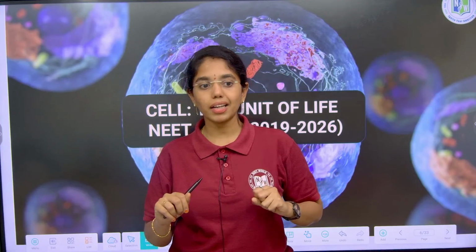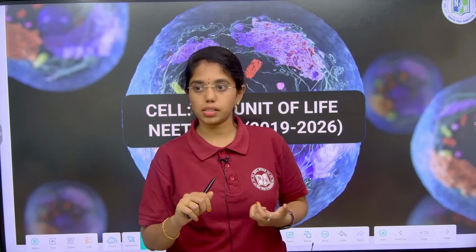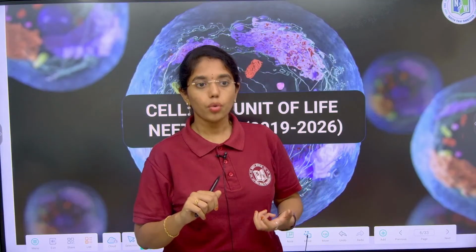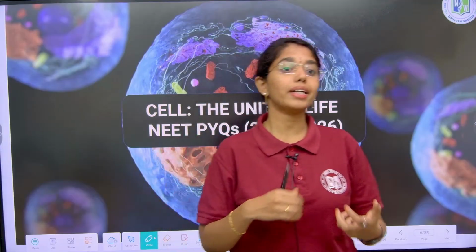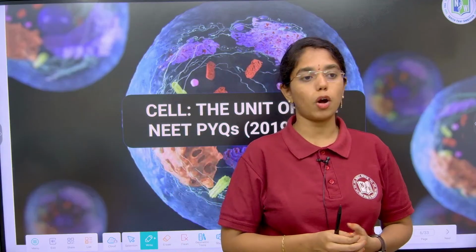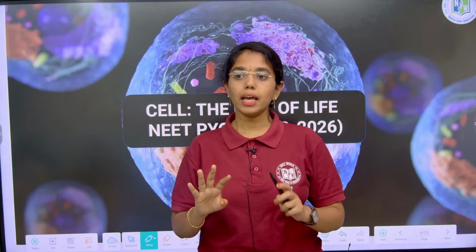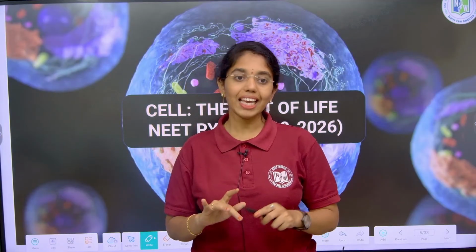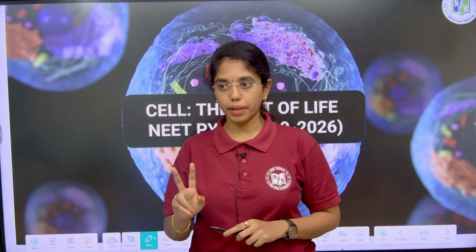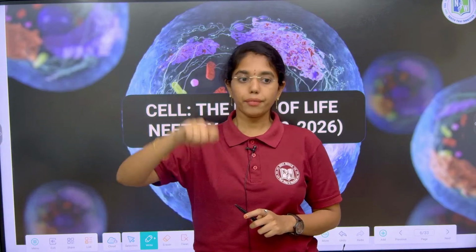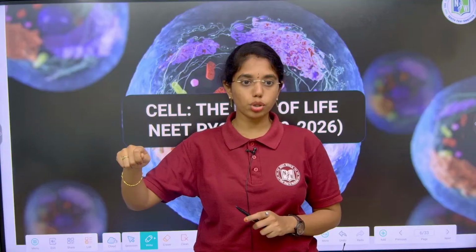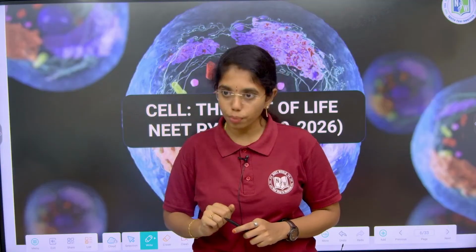Condensation of chromatin is via histone proteins, by histone octamer. How many types of proteins are present in histone octamer? 4. What are they? H2A, H2B, H3, H4. 2 sets of them, right? And the wrapping of DNA around the histone octamer will give a nucleosome model.